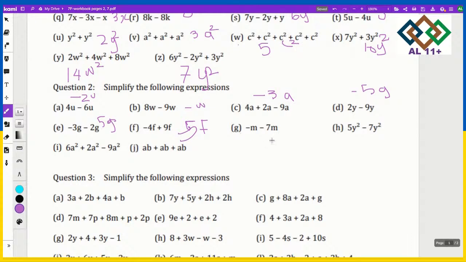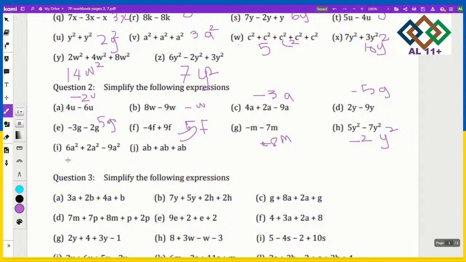Now you have g, that would be only 8m because minus and minus becomes positive. Then you have h. H would be minus 2 y2. We have taken the sign of 7.